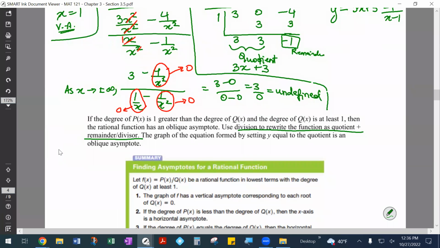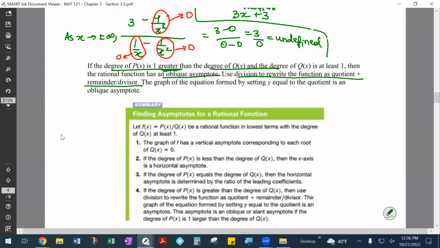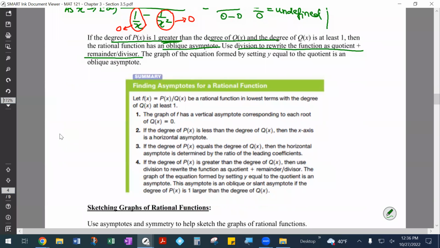So remember, guys, the only time you're going to have an oblique asymptote is when the degree of your numerator is larger than the degree of your denominator. And then this little table over here, or box, whatever you want to call it, is listing all the 3 different ways that you can calculate your asymptotes.